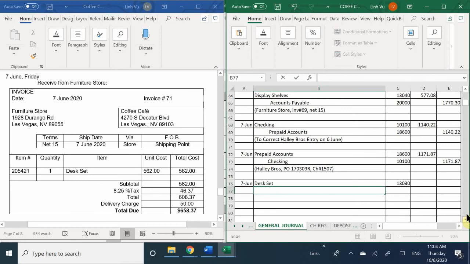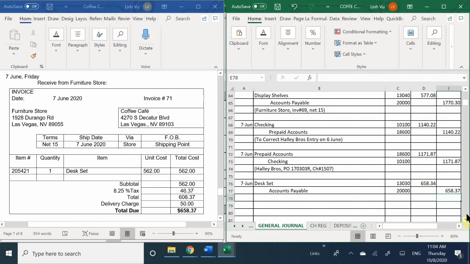And I placed this on accounts payable because I'm not going to pay now. I'm going to pay them later. All right. And what is my total amount that I'm actually going to owe them? 658.37. Right? For the full amount.